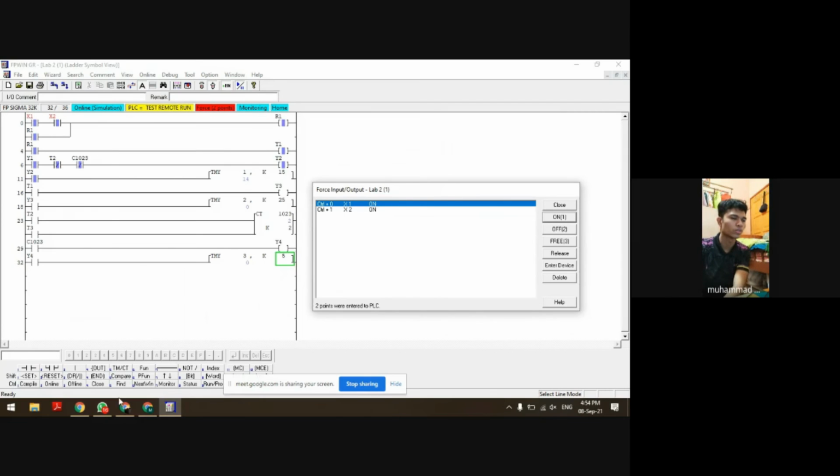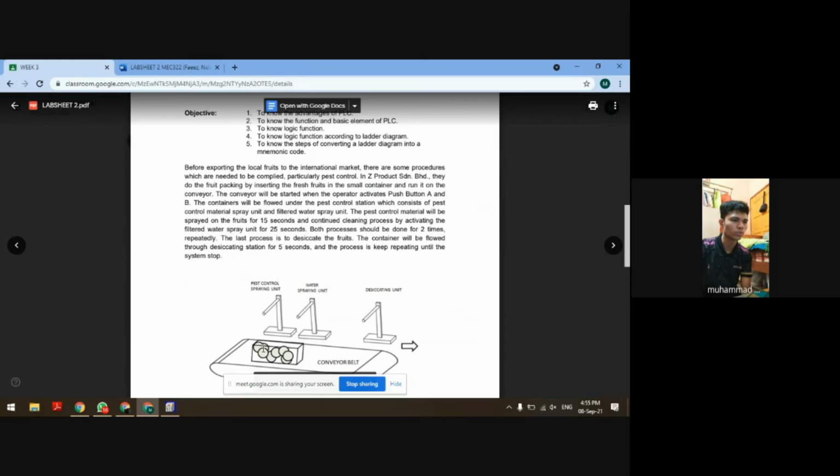This is the process diagram, in which S1 and S2 are on, and then they move to R1, and R1 moves to Y1, which is the conveyor belt that will move the fruit. Then Y1 moves to Y2, which is the pest control spray unit.